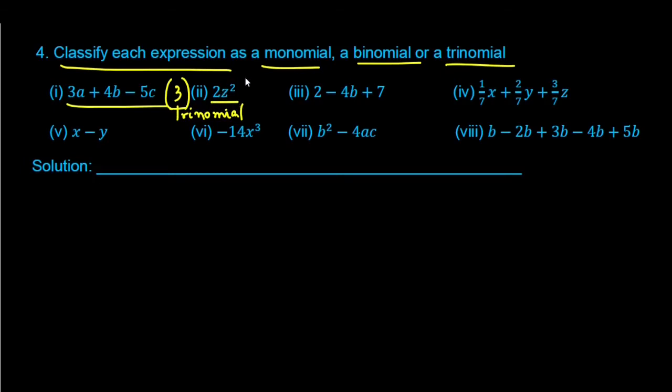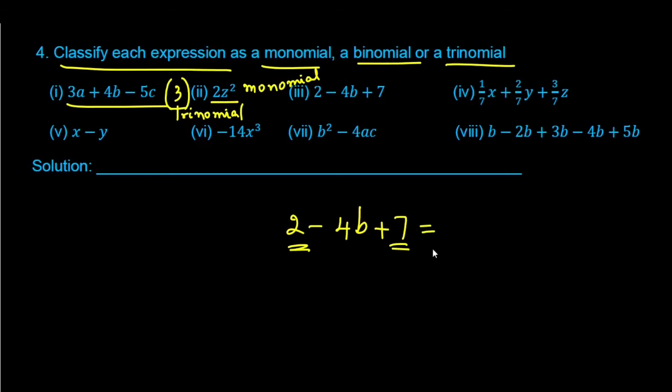Second one, 2z square. It has only one term, so it is a monomial. Third one, 2 minus 4b plus 7. Here 2 and 7 are like terms.